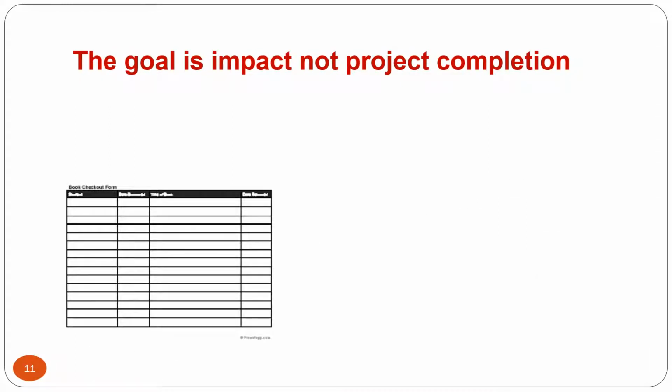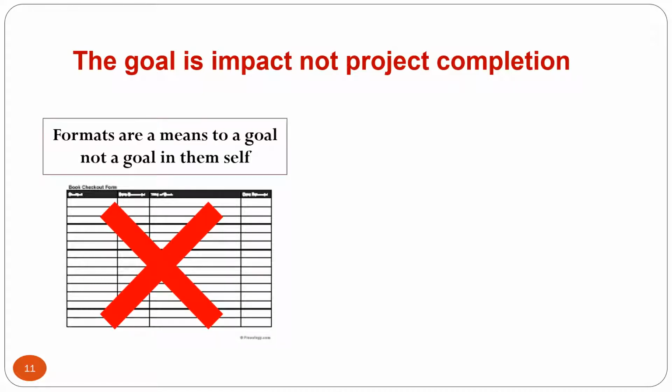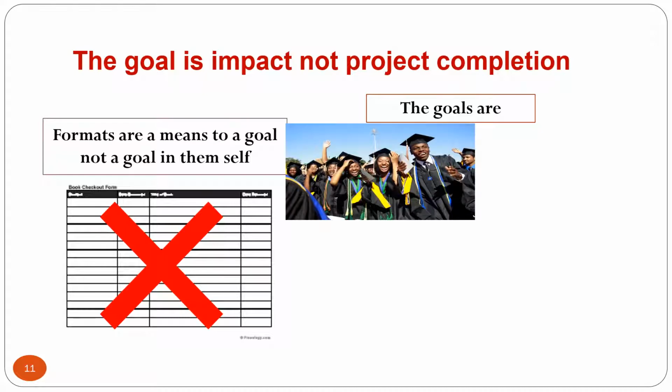And lastly, the goal is impact, not project completion. So though there might be a lot of forms that you have to fill, including the implementation plan itself, this is only a means to the goal and not the goal in itself. Sometimes we tend to forget that when we are doing project implementation. There are many goals here.